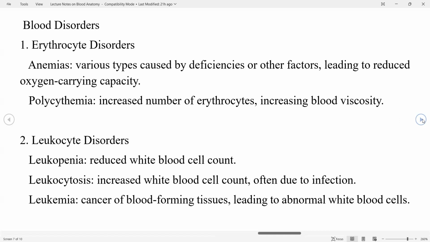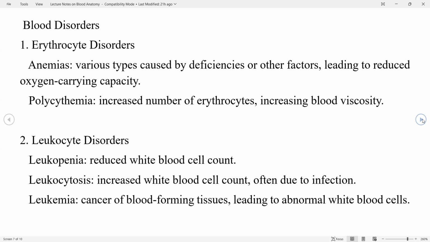So now it's good you familiarize yourself with some of these blood disorders. Take for instance, anemia. Anemia is a red blood cell disorder, and in literal terms, people say shortage of blood, but it's caused by various factors and deficiencies.